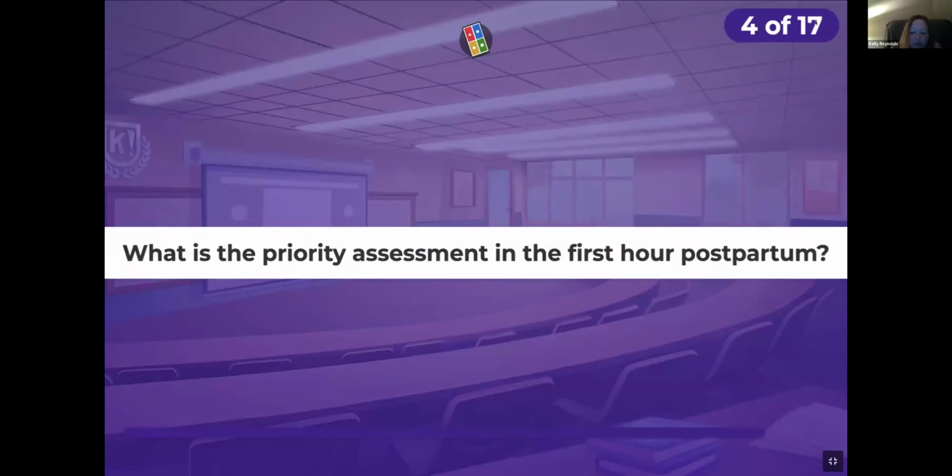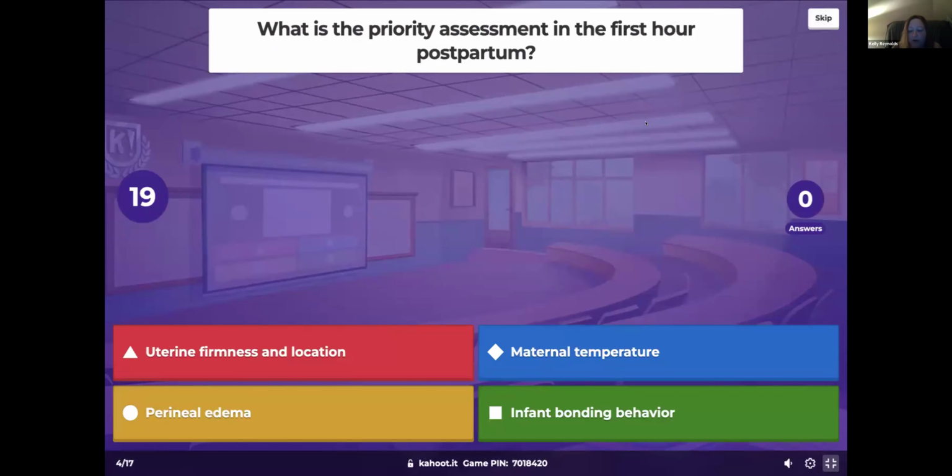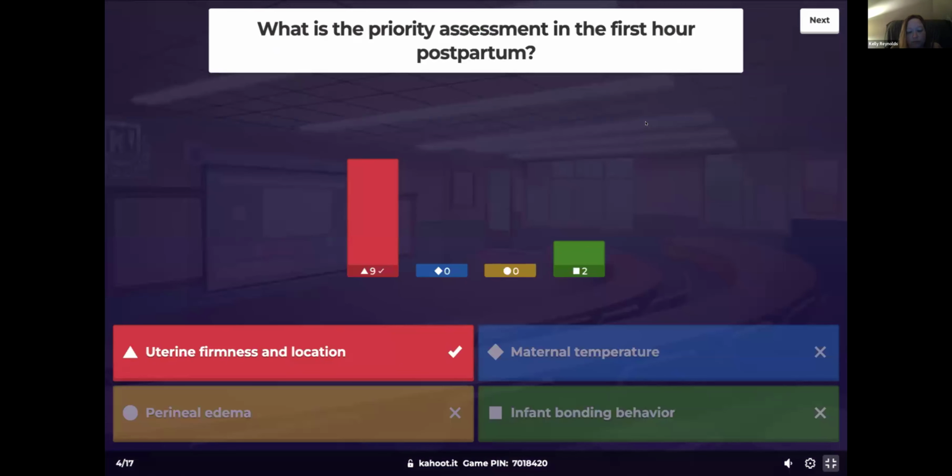What is the priority assessment in the first hour postpartum? Uterine firmness and location, perineal edema, maternal temperature, infant bonding behavior. All right, good. Whenever you get a question like this, bonding is always going to be important.